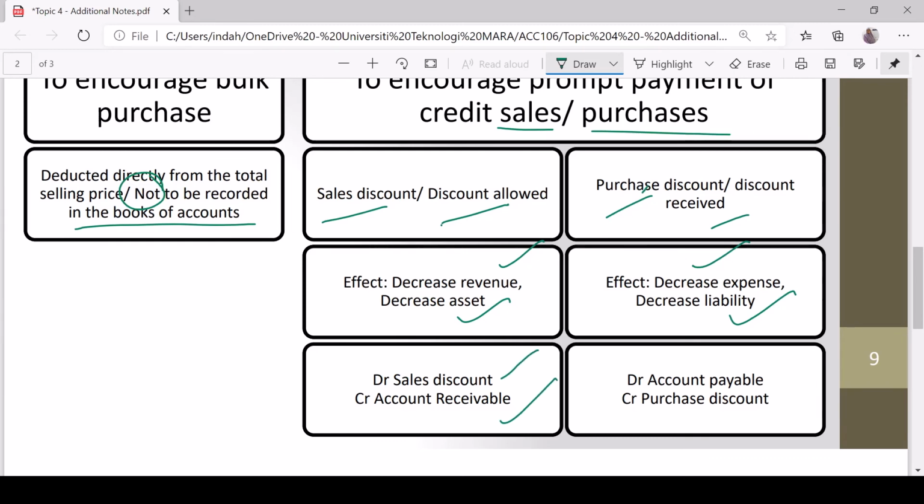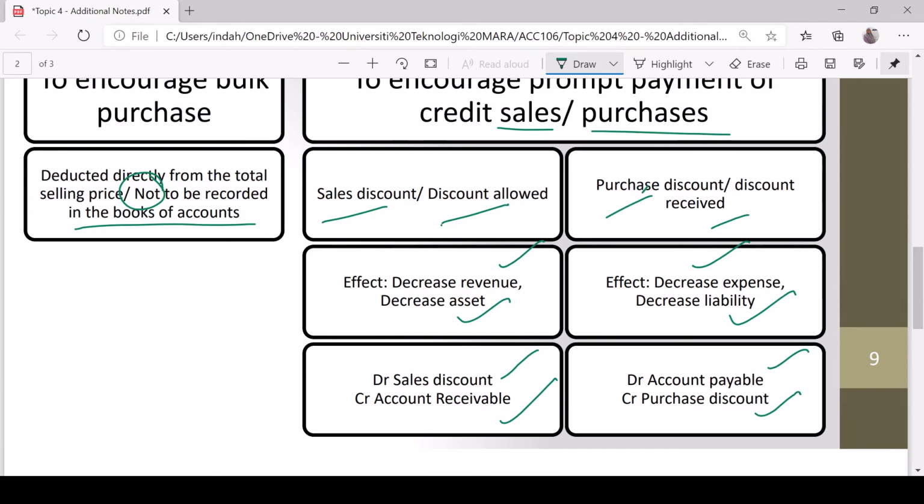For purchase discount, how do we record this? Decrease in expense, meaning we know that this is a decrease in purchase. So we credit, but we are not going to credit purchase directly. We are going to create a new account called purchase discount. So credit purchase discount. And then decrease in liability: we have to show a reduction in our liability account because of the discount, so debit account payable.